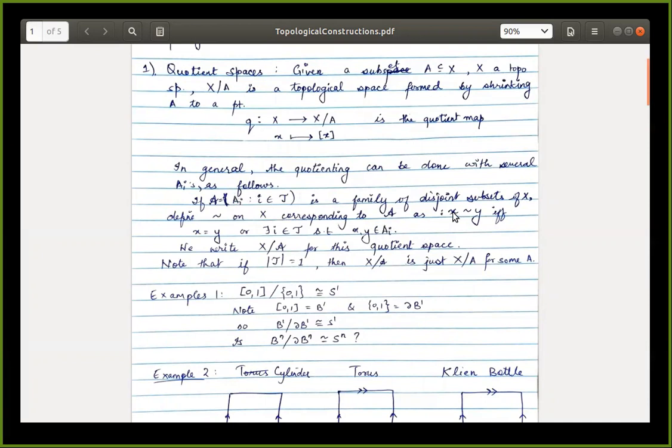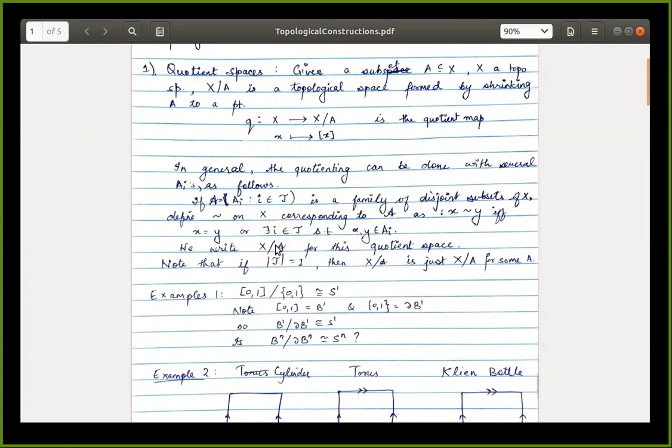So I identify all the points of the same A_i. Okay, so x is equivalent to y if either x is the same as y, or for some i in the indexing set, A_i contains both of these. For such a quotient, we write X modulo the family A.